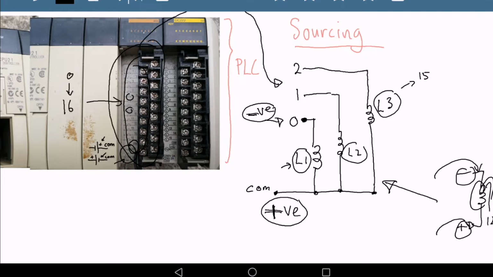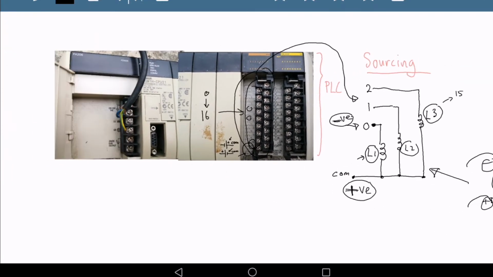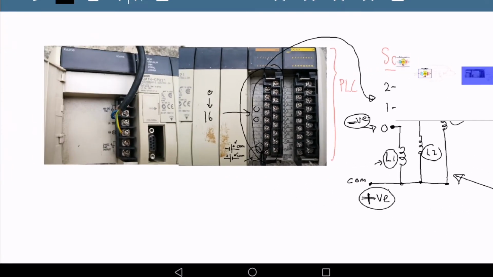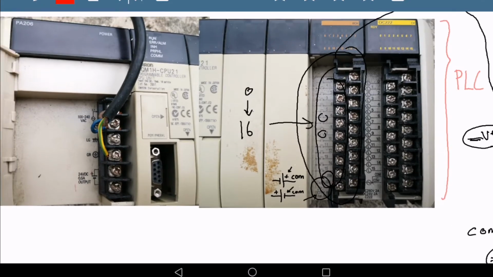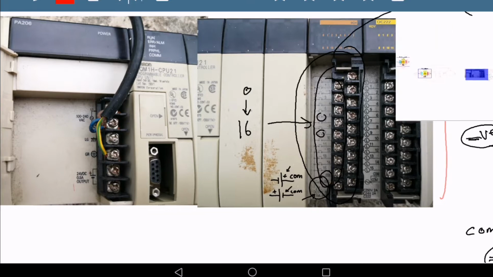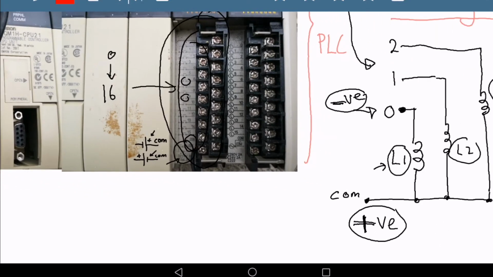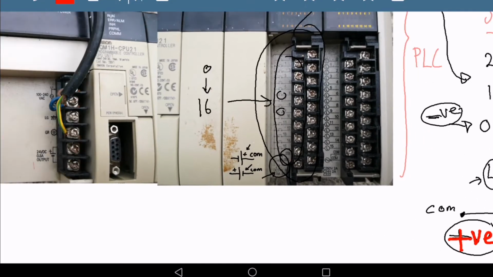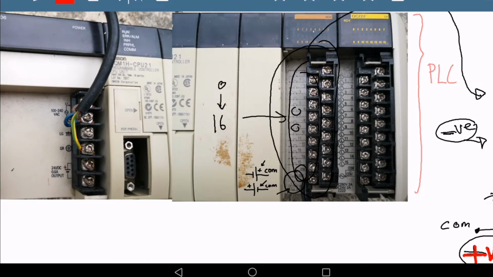Alright, so the connection in real situation to do this is this. In real situation, if we refer to the previous drawing, it is positive here. Now this is our power supply.